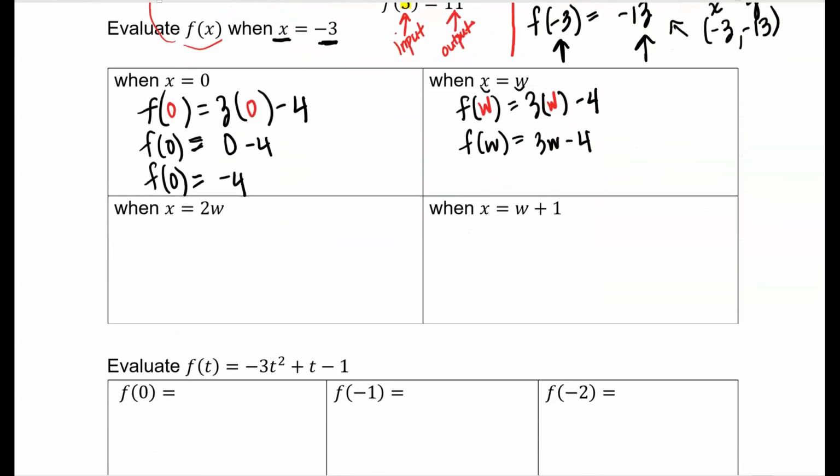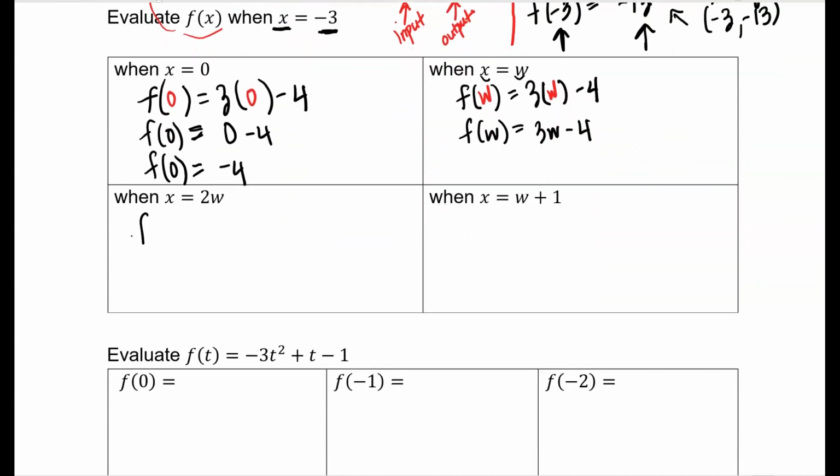Next, we have f of what? So let's walk through this together. What are we putting inside of this parenthesis? We are putting 2w inside of the parenthesis. 3 times 2w again, minus 4.